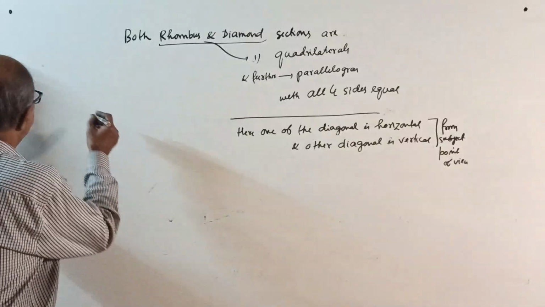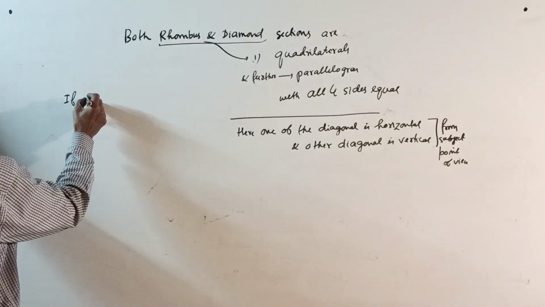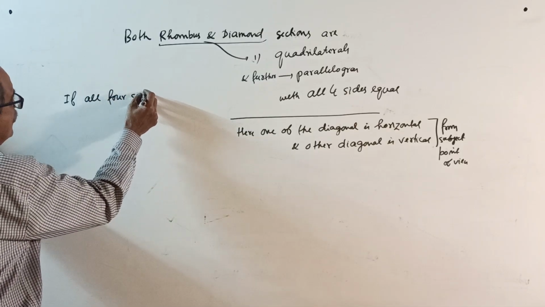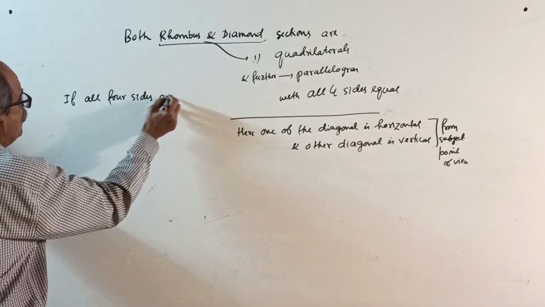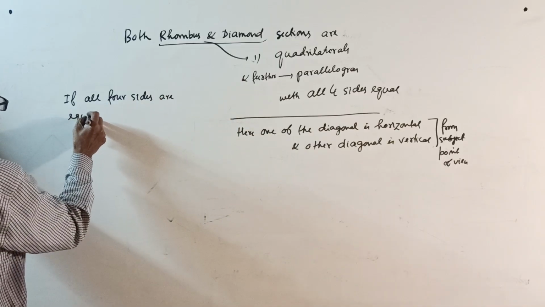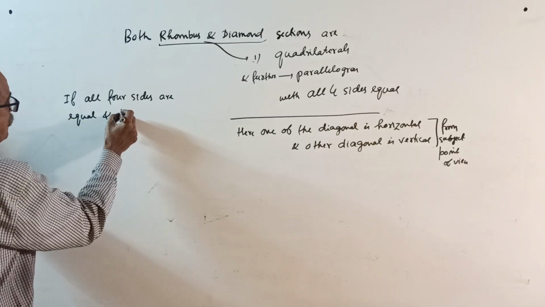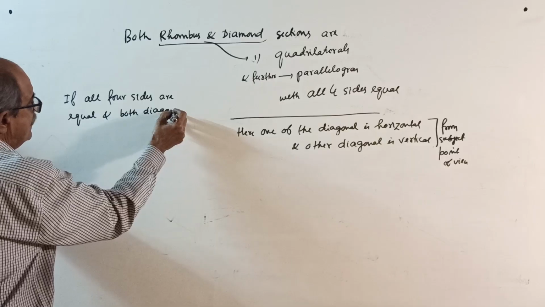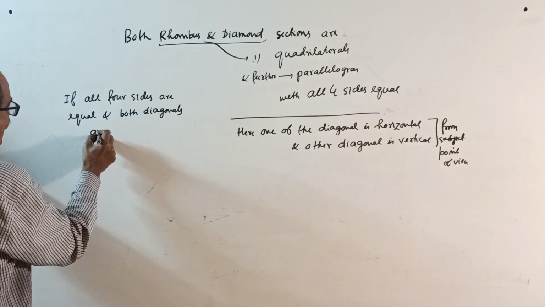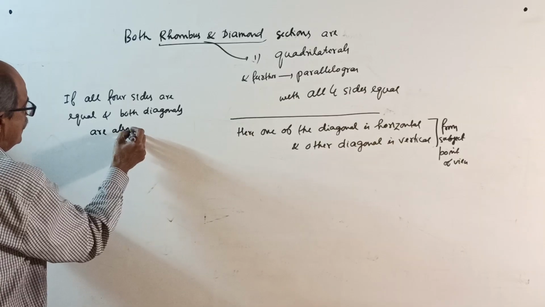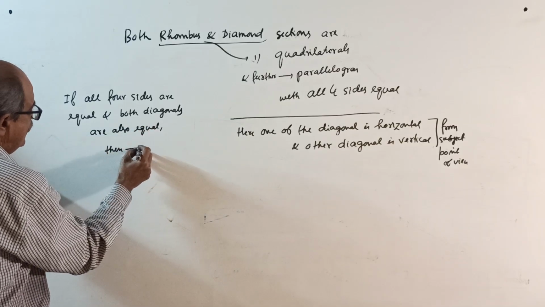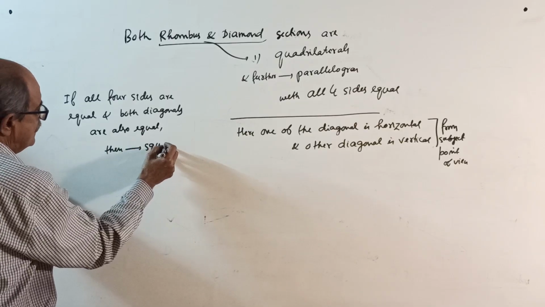So if all four sides are equal and both diagonals are also equal or same, then it is called a square section.